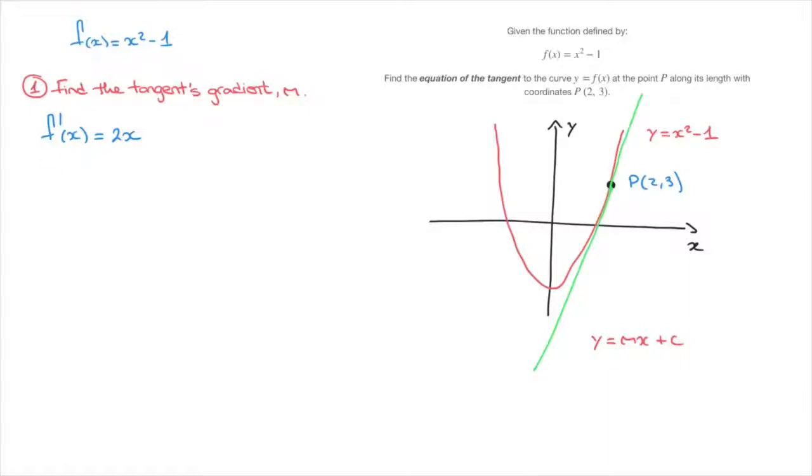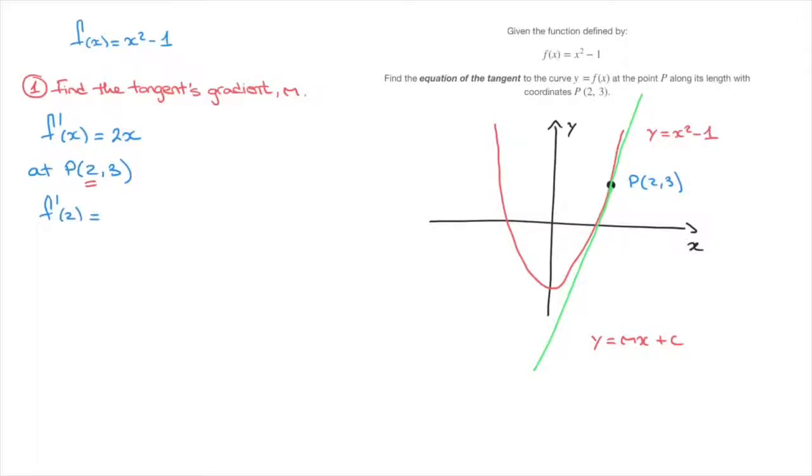Now remember that the derivative is sometimes called the gradient function. And the reason for this is quite simply that this function gives us the gradient of this curve at any point along its length. So at the point P, remember it has coordinates (2, 3), the x-coordinate is 2. So the gradient of the curve at point P is f dash of 2.